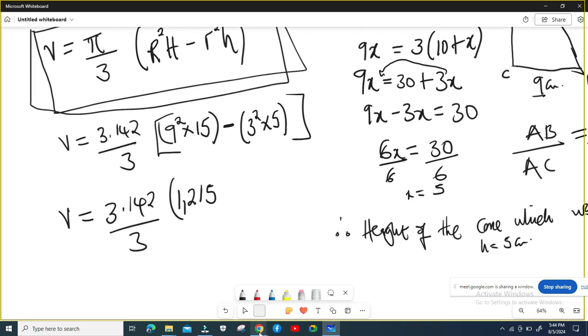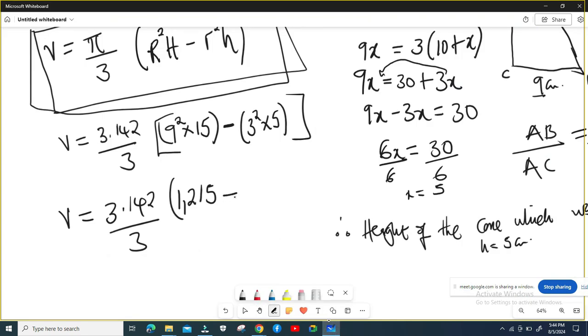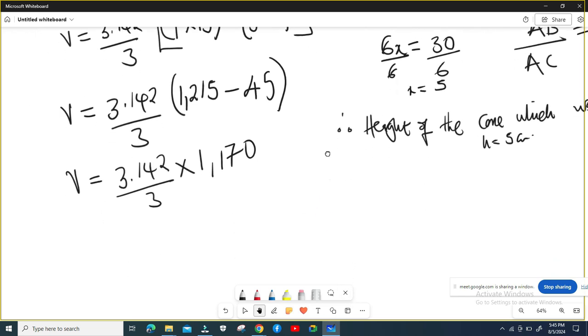Minus 3 squared times 5, the answer is 45. So volume is equal to 3.142 over 3 times 1,215 minus 45. The answer is 1,170. We multiply 3.142 times 1,170.